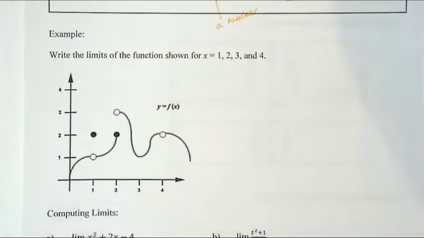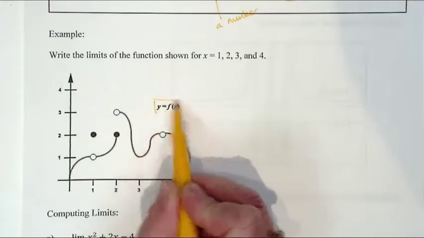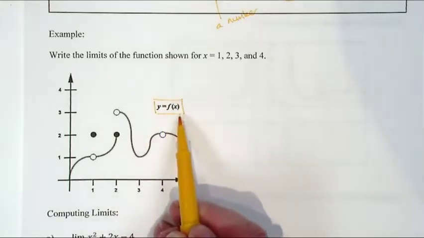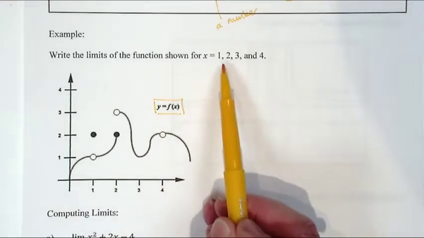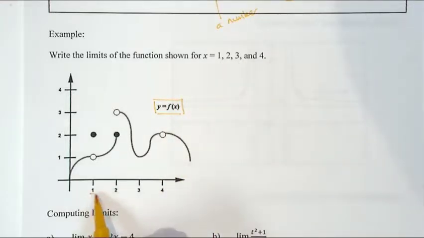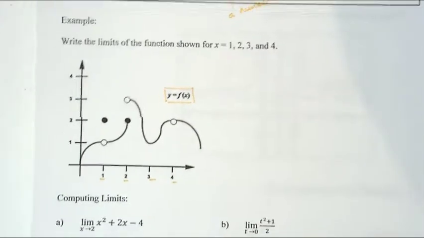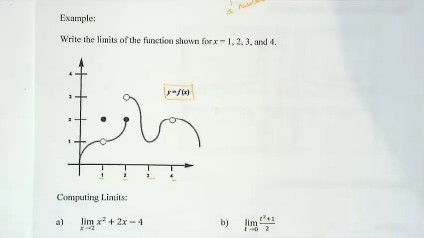So what I'd like you to do, notice that this function is y is equal to f of x, okay, so that's the name of the function. I'd like you to write the 4 limits, 1, 2, 3, 4, for all 4 of the x values here. And we're just going to write in the notation and go to the next thing, okay?